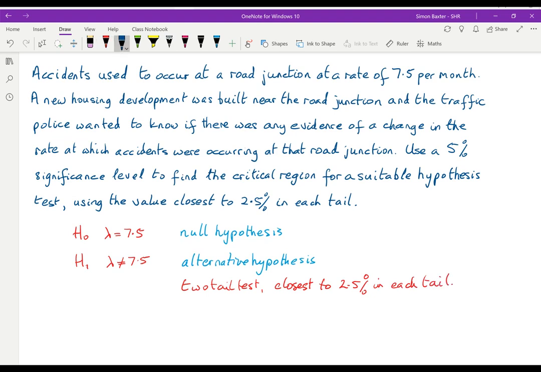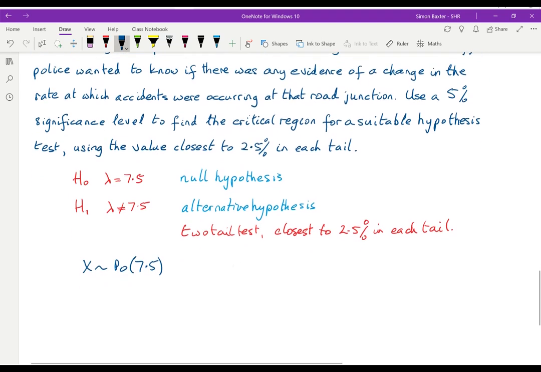Well, if X is the number of accidents per month, then X from the hypothesis is Poisson. The hypothesis says we're working with a mean of lambda 7.5. So that is where that figure of 7.5 comes from.